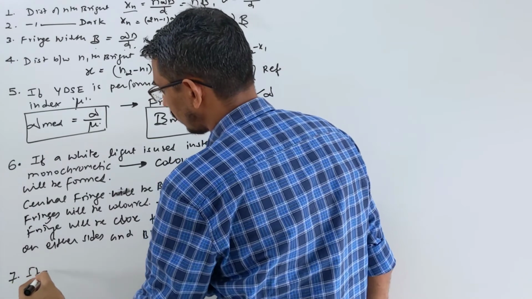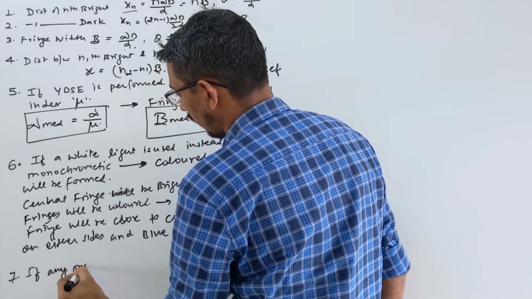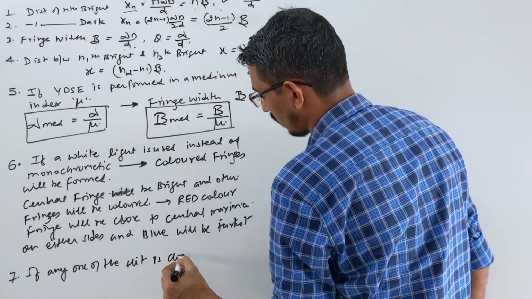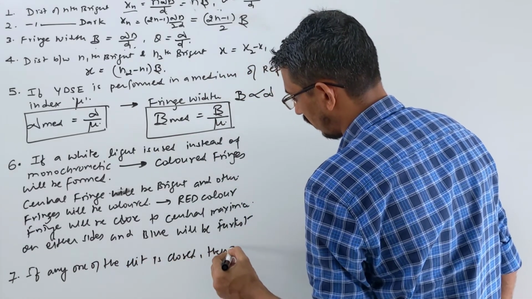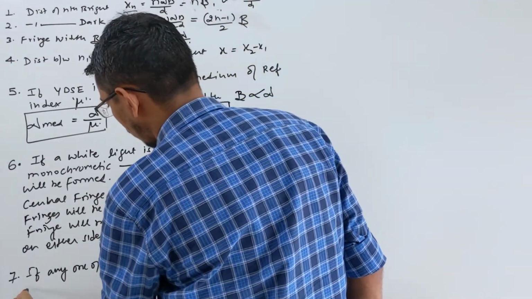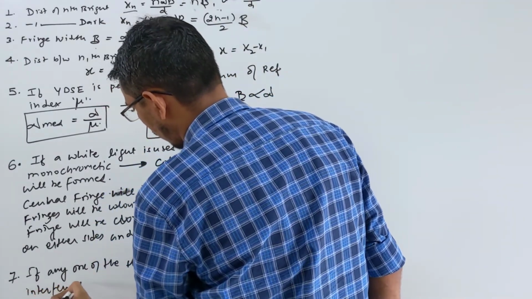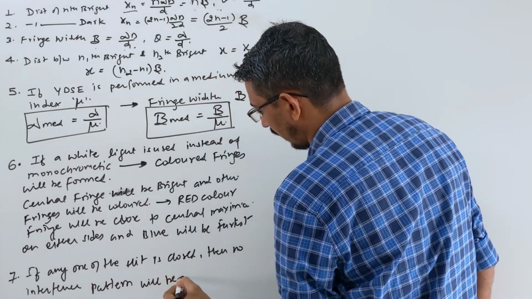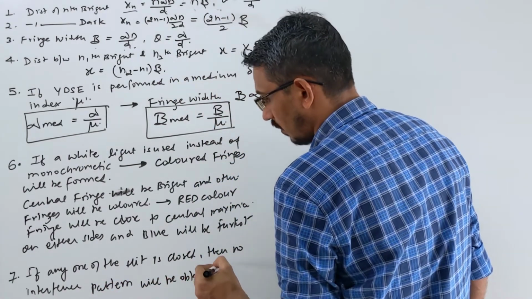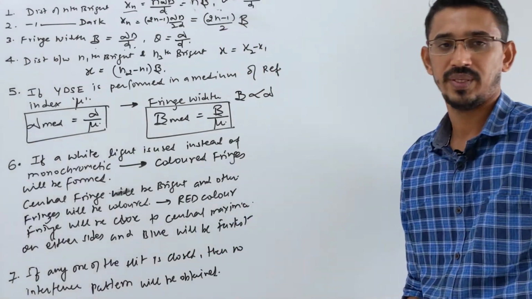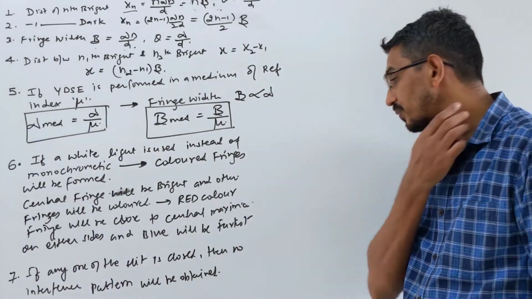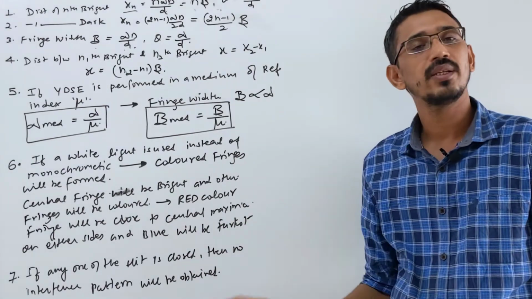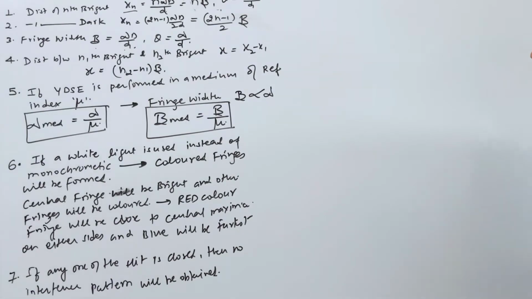If you close any one of the two slits we have, then no interference pattern will be obtained.